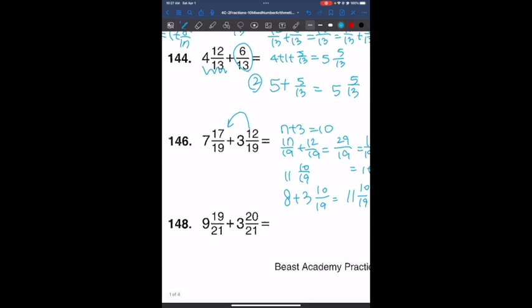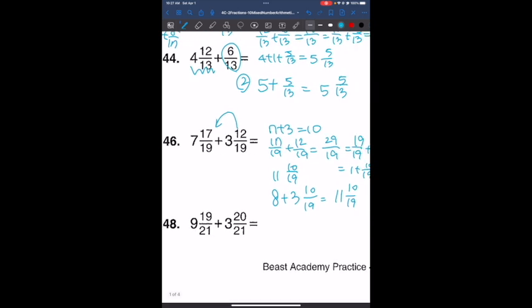Finally, for problem 148, we can of course do whole number plus whole number, so 9 plus 3 equals 12, and then add the fractions together. So that's 39 over 21, so 21 over 21 plus 18 over 21, which is 1 plus 18 over 21.